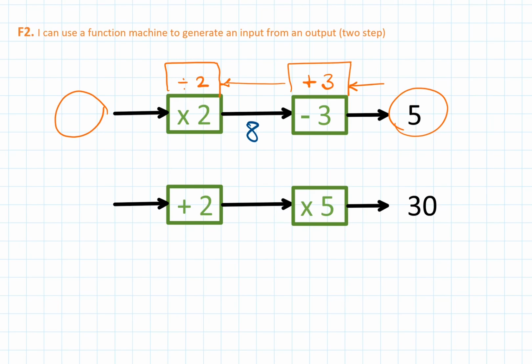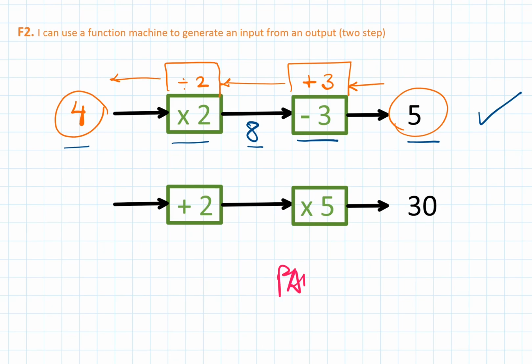If we divide 8 by 2, the result will be 4. So just to double check, we can work the other way around. If we start with 4, multiply that by 2, we do get 8, subtract 3 from that, and we end up with 5. So we worked correctly.